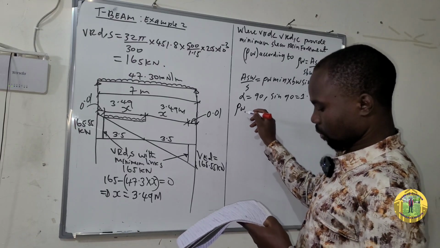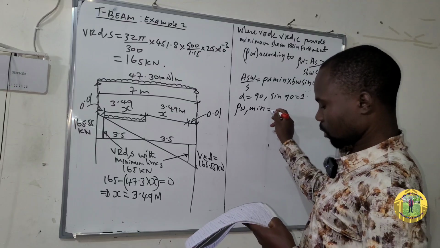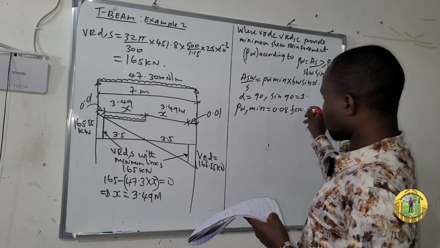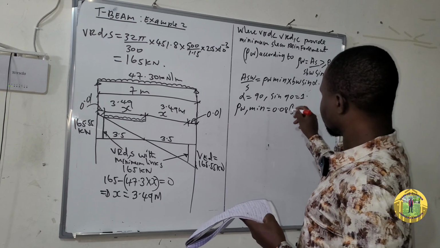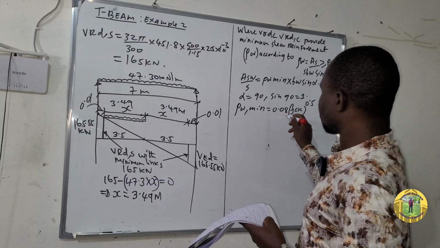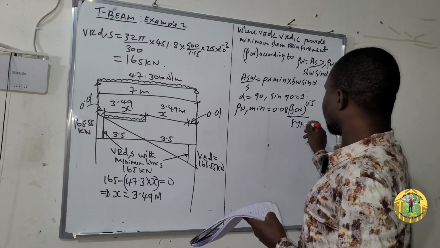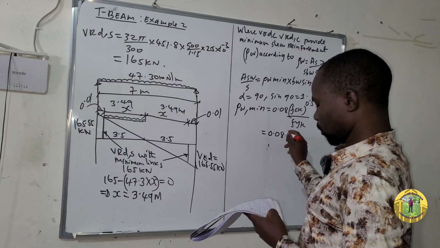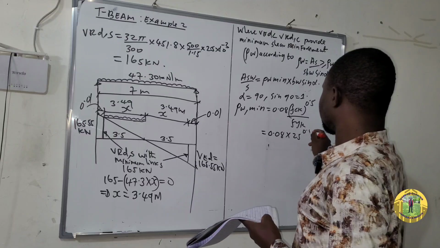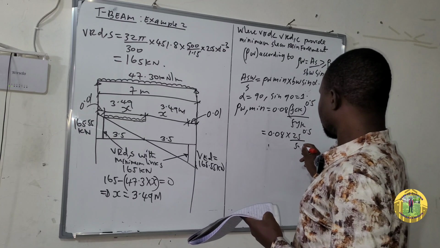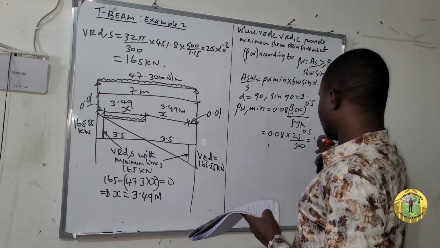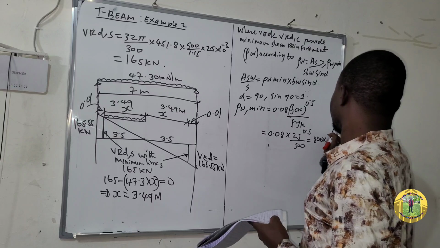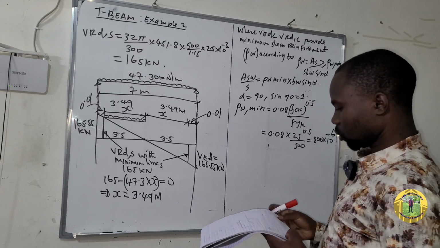And this one is given by this formula, 0.08 FCK raised to the power 0.5 over FYK. So this one is equal to 0.08 times 25 raised to the power 0.5 over 500. So this one is equal to 800 times 10 to the power of negative 6.